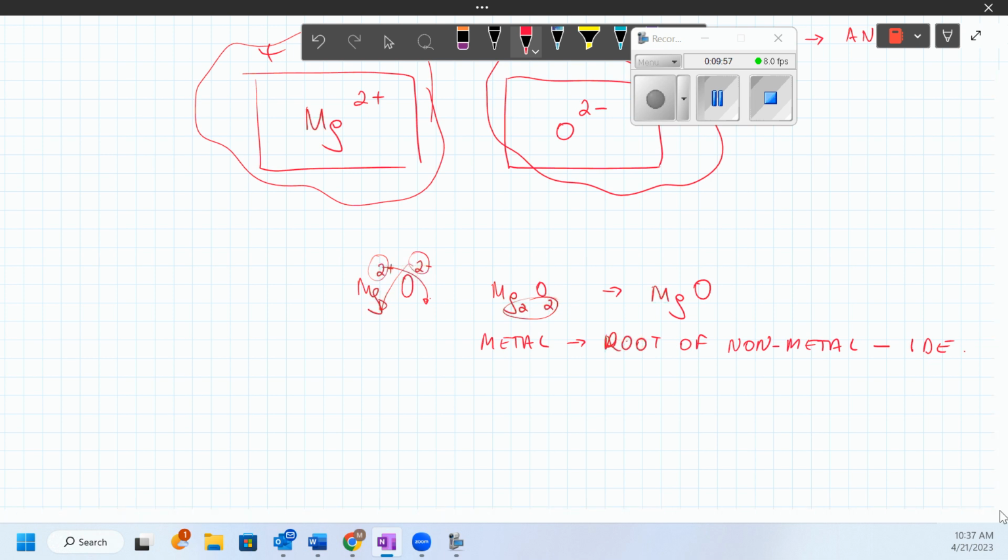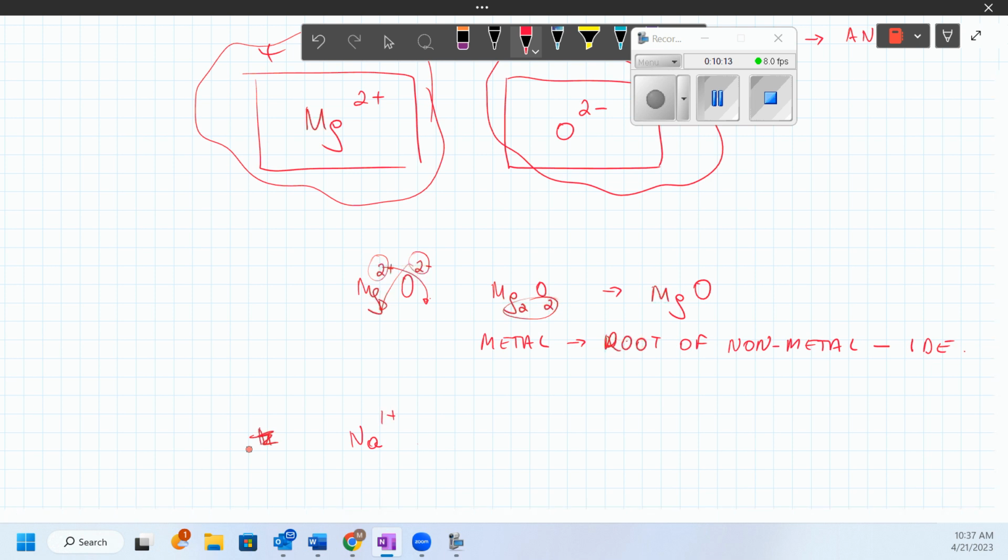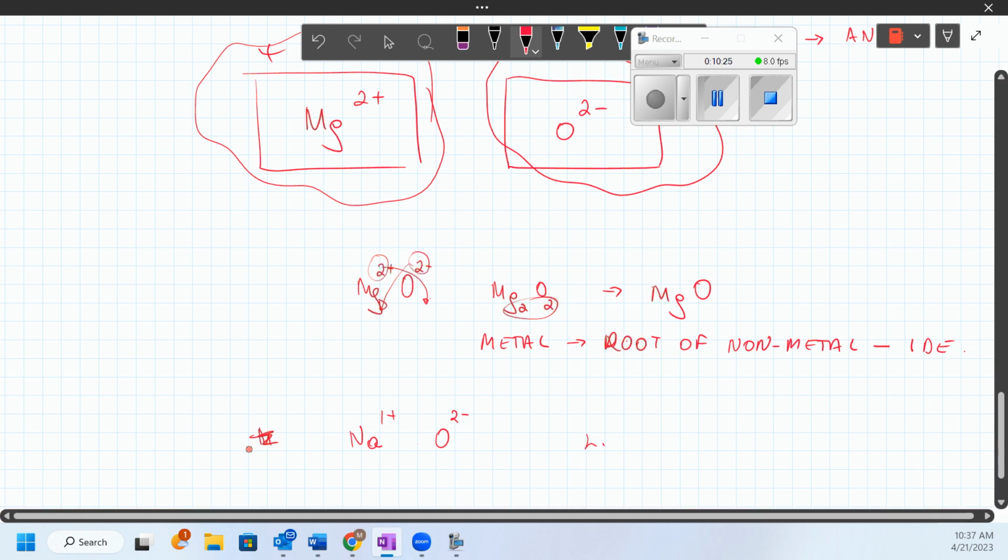However, what you do is find the lowest common multiple of the charges. Let's suppose we have sodium with a charge of +1, and oxygen with 2 minus. The lowest common multiple of 1 and 2 is 2.